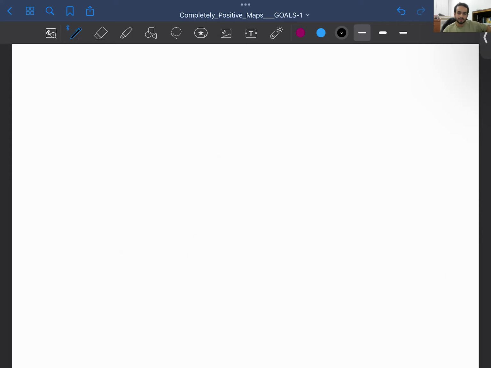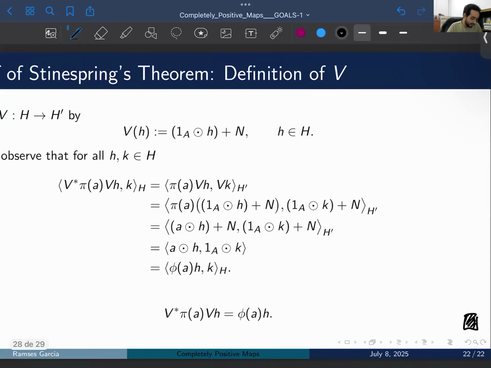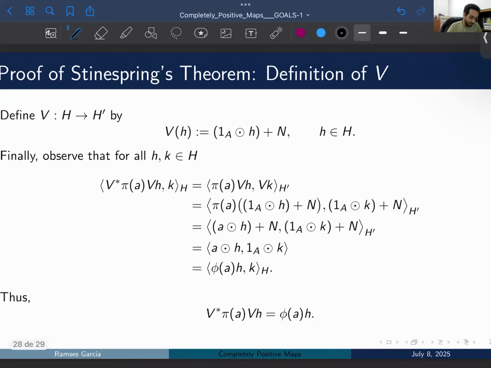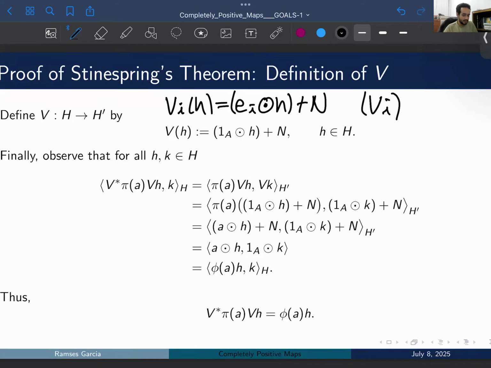In the notes, there is a possible path for proving it, and in general, if you want to define V but you don't have a unit, you first define V_i using an approximate unit. And you show that V_i has a limit point, and that limit point is going to be your new V.